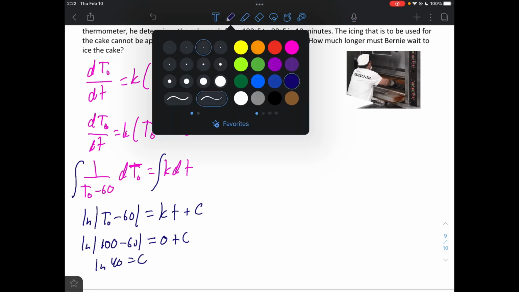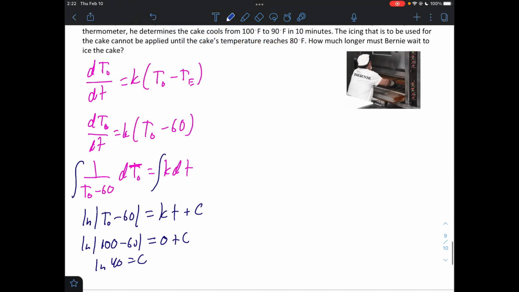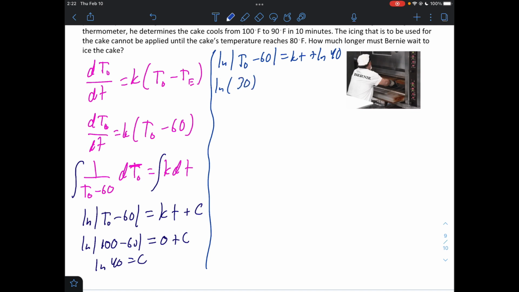Okay, now I can rewrite my equation as ln T sub 0 minus 60 equals kt plus ln of 40. All right, now we got to solve this for k. We have the second point, which is 10 comma 90. So ln of 30, because 90 minus 60, equals 10k plus ln 40.